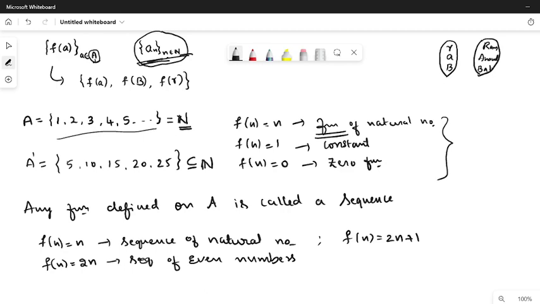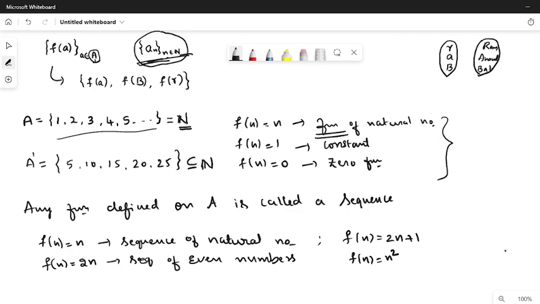Similarly, you can define f of n equal to n square, sequence of square numbers. Okay, this is how the sequence is defined. Sequence is the function defined on set of natural numbers. Okay, then I hope you got the idea of sequences.